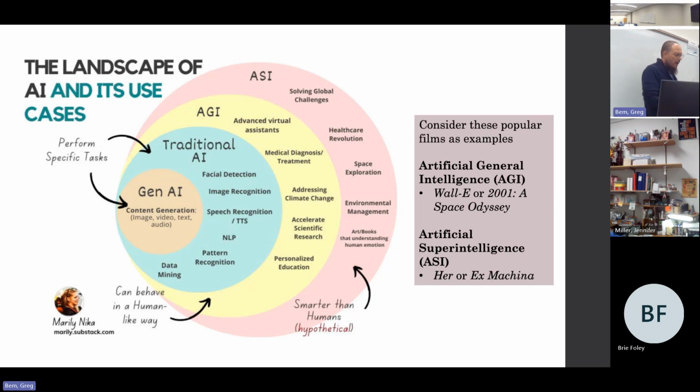The next broad iteration of AI is the traditional way of looking at AI. And this is what we can think of when we think of things like system level solutions for certain problems or certain types of functionality. So the examples given here include facial detection, image recognition, speech recognition, pattern recognition, and so on.